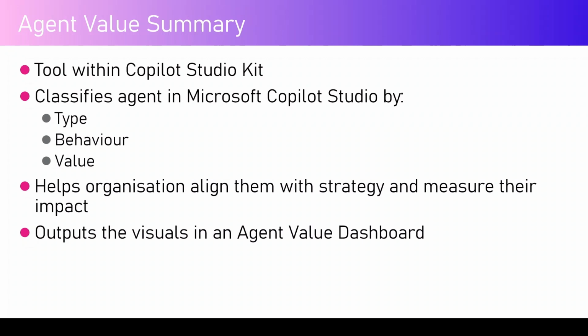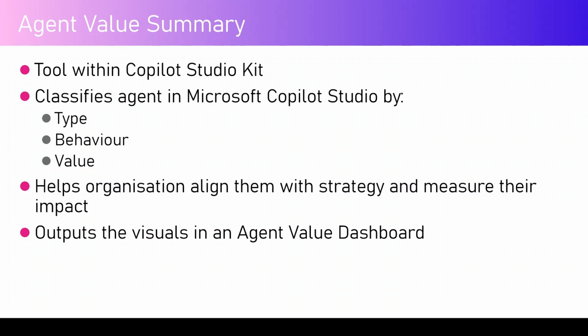Now, what Agent Value Summary does is classify the agents in Microsoft Copilot Studio by type, behavior, and value. It helps organizations align them with strategy and measure their impact. It shows you the output in a visual format in something called an agent value dashboard.